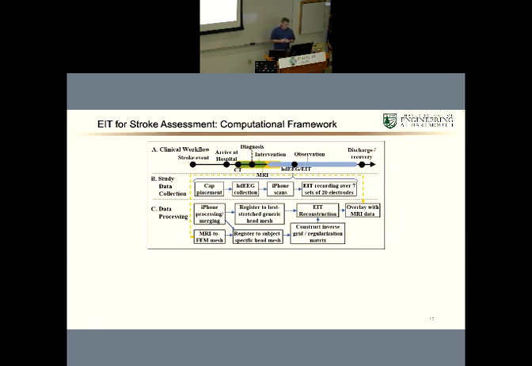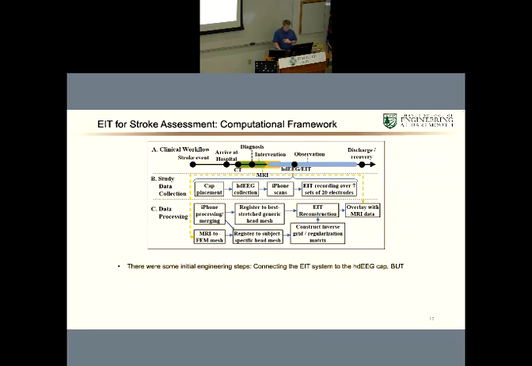So there were these iPhone processing steps, and then we had 2 different ways of getting all this data into an image of EIT. One was using a generic mesh that was already there and morphing it to the particular person. The other way was taking an MRI, making a mesh, registering all the information to it, and then making the image, overlaying it with the MRI, and seeing how good you're doing.